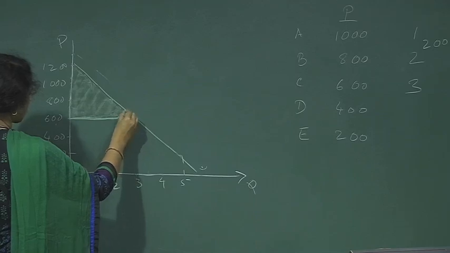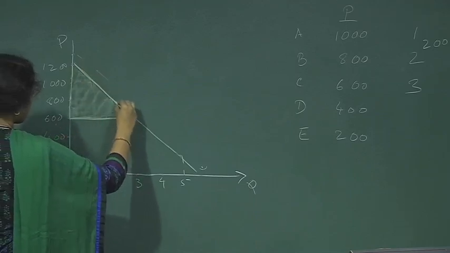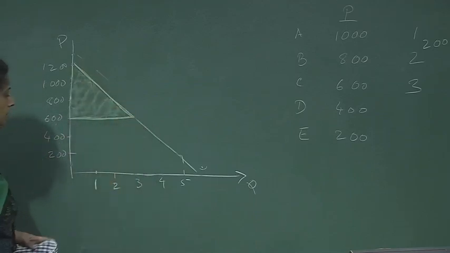So, they are going to get a surplus which is equal to the area of the triangle.